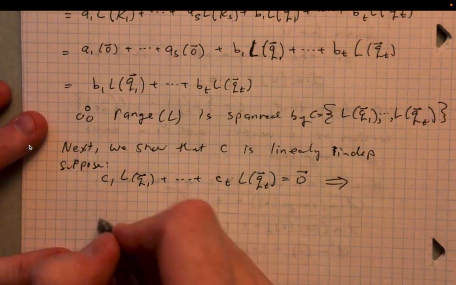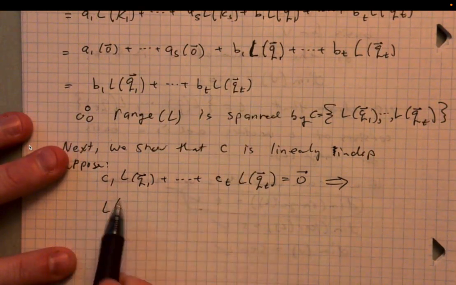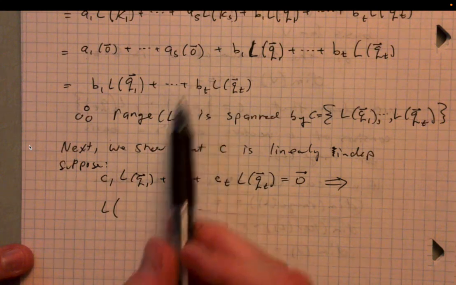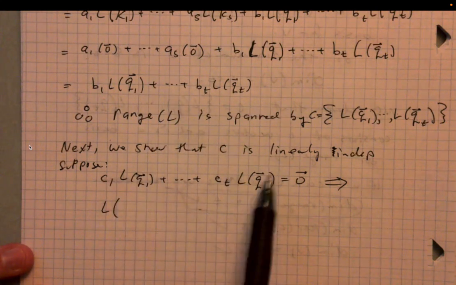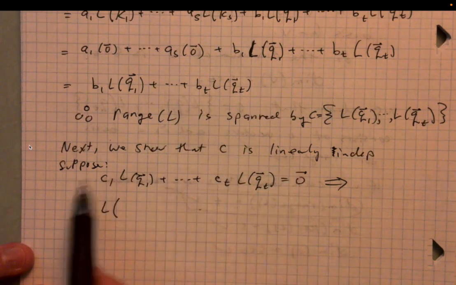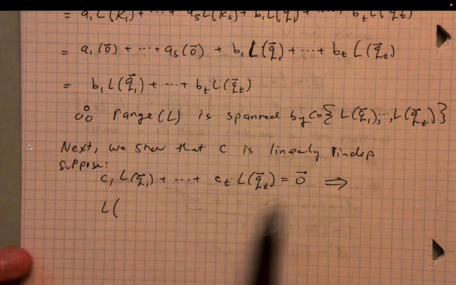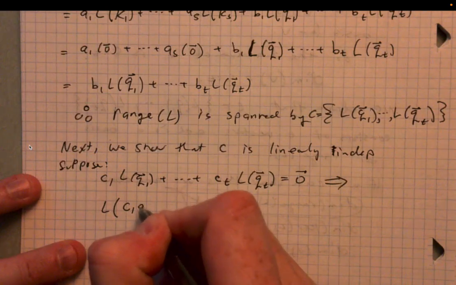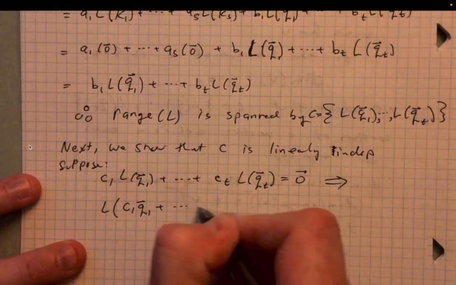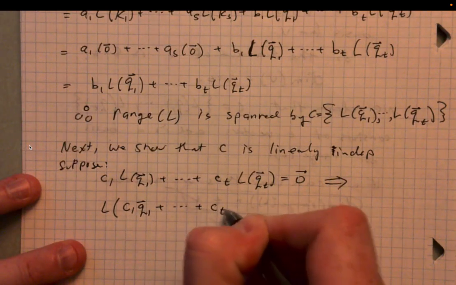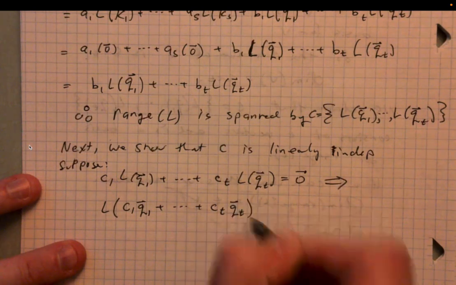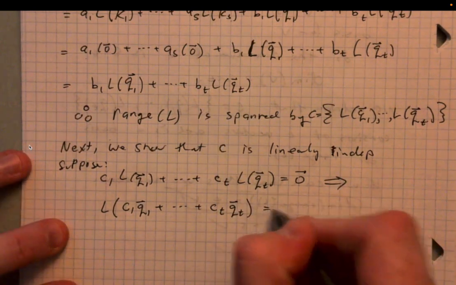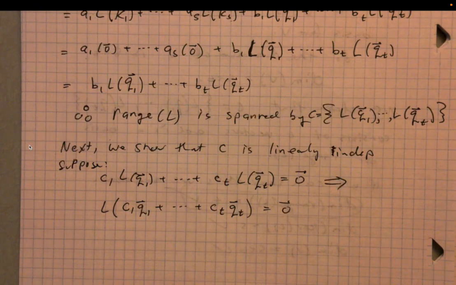Then that implies that L... so basically, we can do the reverse of what we did up here. Instead of having the separate linear transformation on the vectors, we can apply the linear transformation to the entire linear combination. So L of C1 Q1 plus ... plus CT QT, this must be equal to 0 as well. And what does that imply?